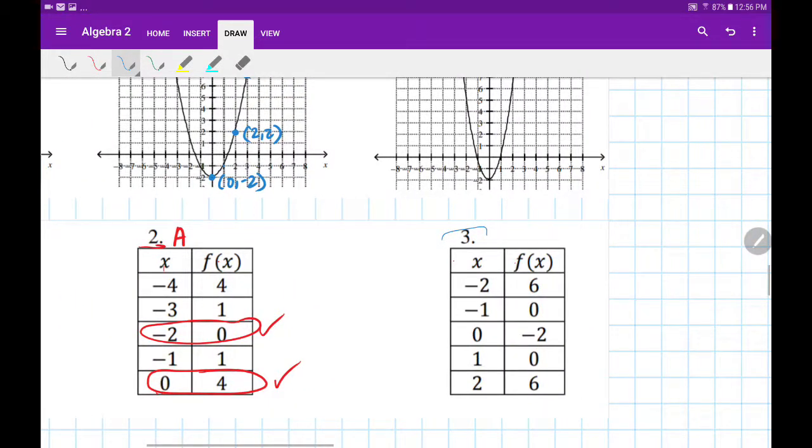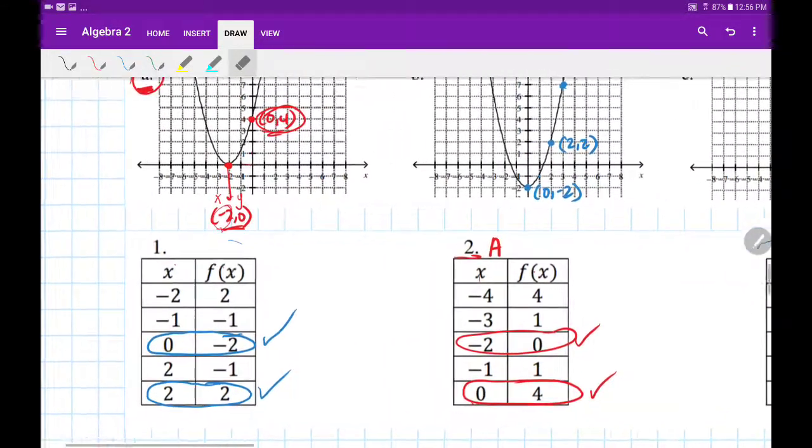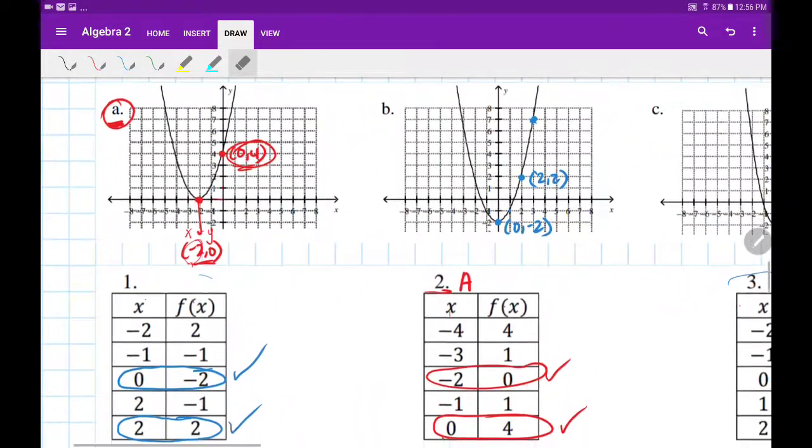But let's try this table also, just to be sure. Let's see, (0, -2). Oh my God, that one works too. Let's try (2, 2). Oh no, this is wrong. So it looks like we had our table over there. Table 1 matched with graph B.